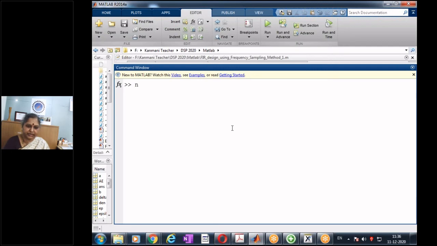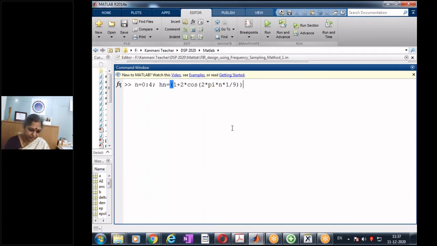So I'm having my n going from 0 to 4 in this case, and my h of n is given by 1 plus 2 into cos 2 pi n k. k is 1, so let me put it as 1, and divided by n, and that is 9.